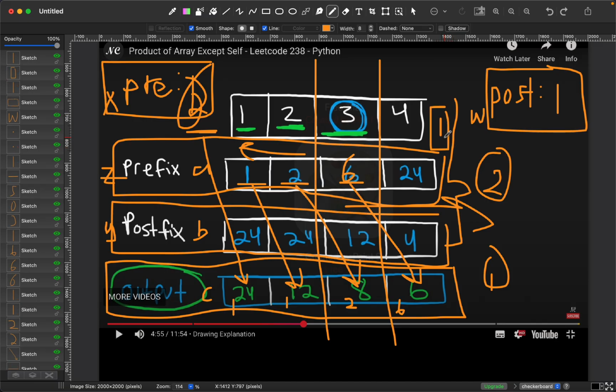We multiply by this one. 6 times 1, 6. Now our pole, which is this 1 times 4, gets a 4, right?